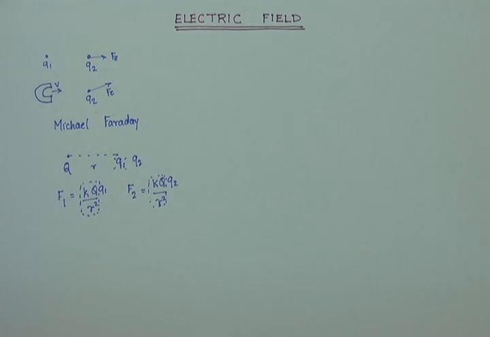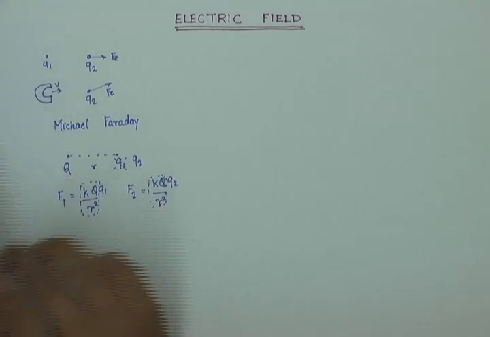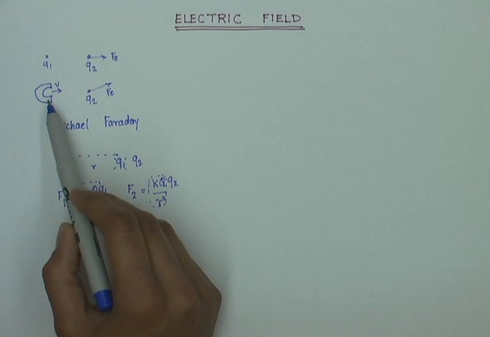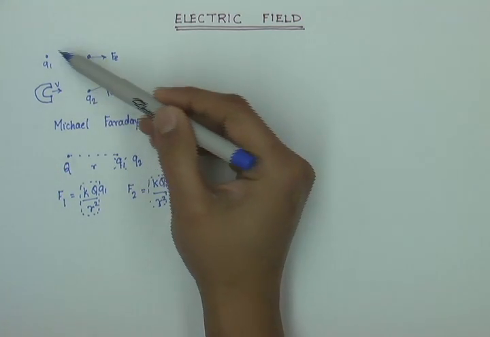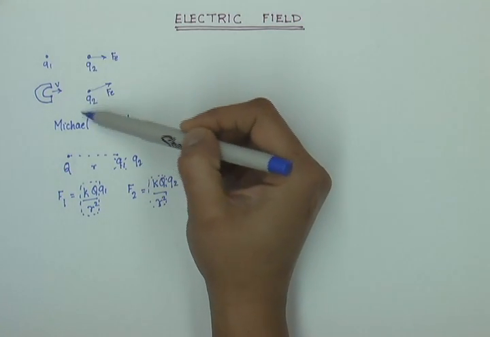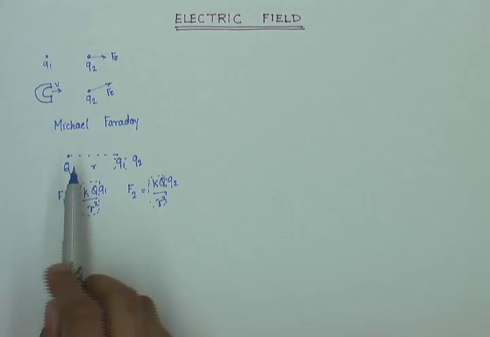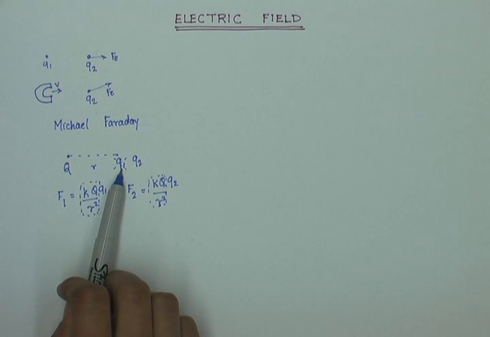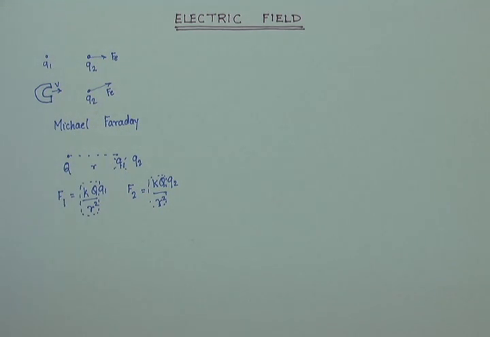So Michael Faraday said that instead of thinking of electrostatic force as interaction between two charges, or between a magnet and a charge, or something else, you can think of electrostatic force as if it is made of two parts. One part is causing the force and the other part is experiencing the effect of the force. So in our example, when Q is exerting a force on Q1, Q is the cause of the force and Q1 feels the effect of the force.